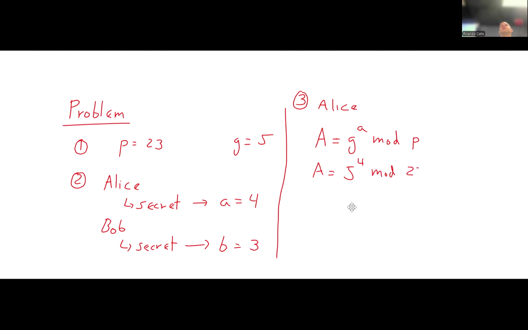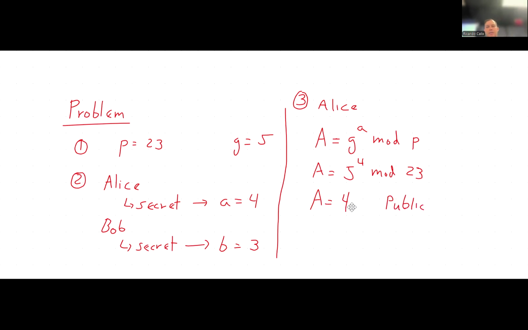So there you have it. Now she calculates A, which is equal to 4, and this is public. That is to say, she can share it with Bob. Okay? So that's the idea.